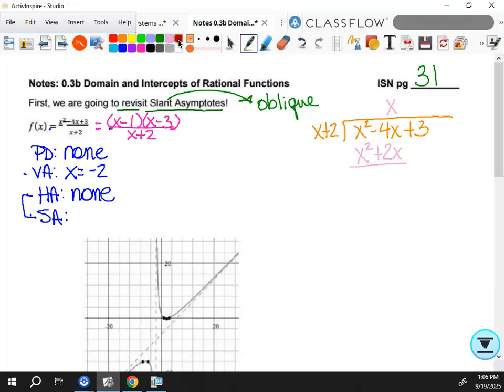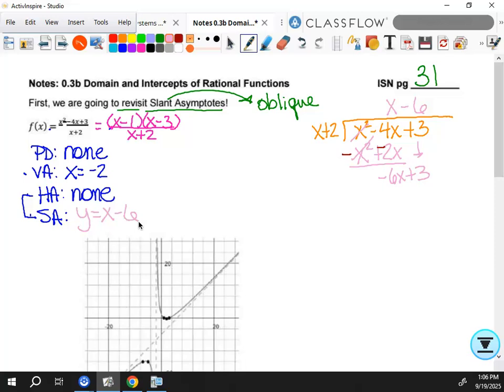Change the sign. Say that to yourself every time so that you don't forget. Those zero out. That gives me a negative 6x plus 3. So then that gives me negative 6 right there. And then that's all I have to do for my slant asymptote, right? Because I don't care about the remainder. So y equals x minus 6. That is my slant asymptote. And it's a y equals because it is an equation of a line.